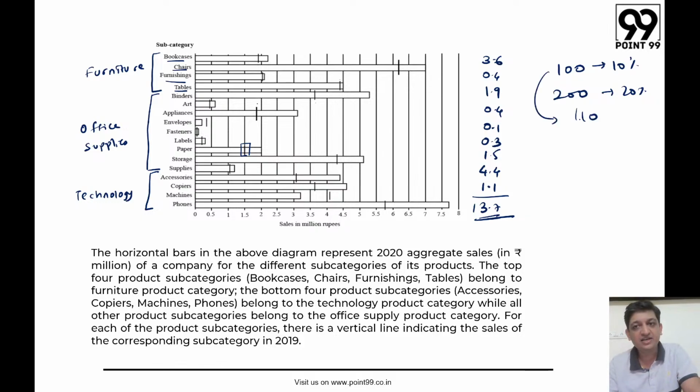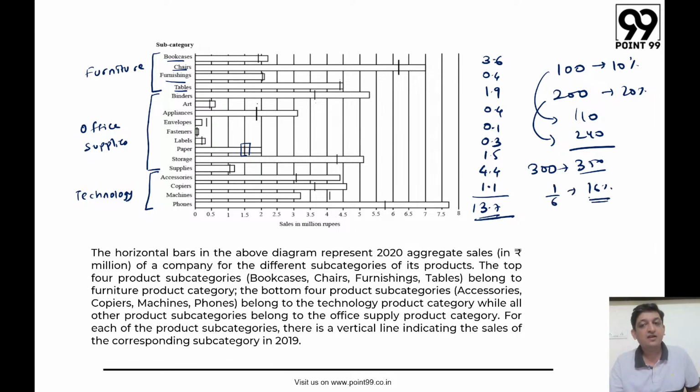This would have become 110, this would have become 240, together you will get 350, right? So how much is the percentage change? It went from 300 to 350. Initially it was 300, now it has become 350. That is what we are trying to say. So it is more than 1/6, so more than 16%. So you will see that if one thing increases by 10%, sorry, and another thing increases by 20%, the effective change is going to be between 10 and 20%.